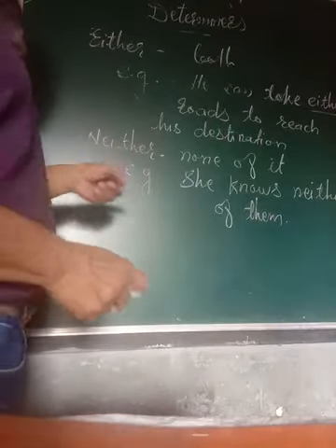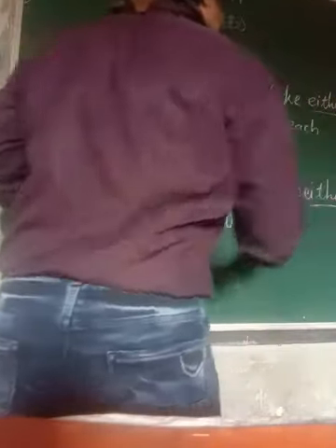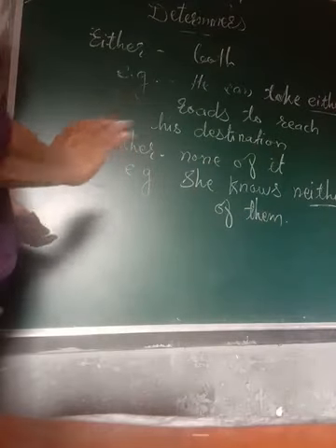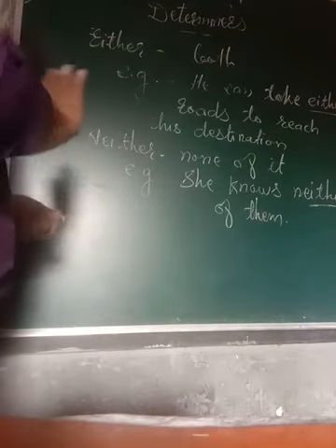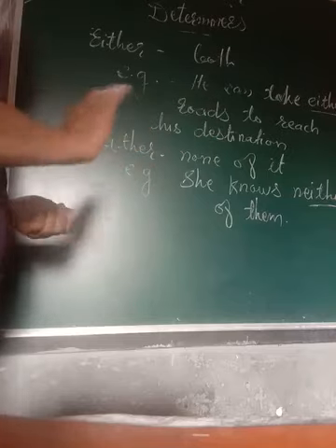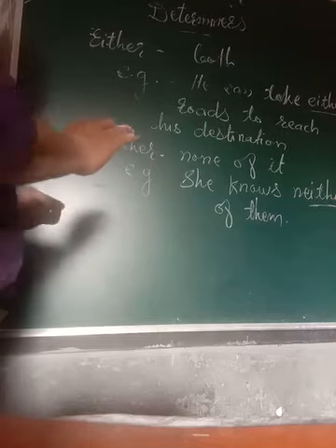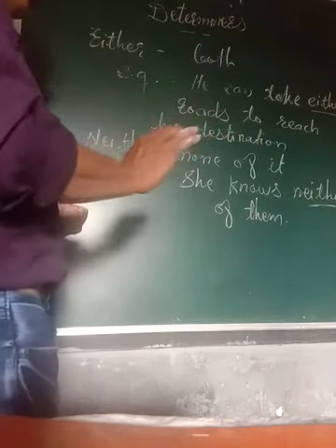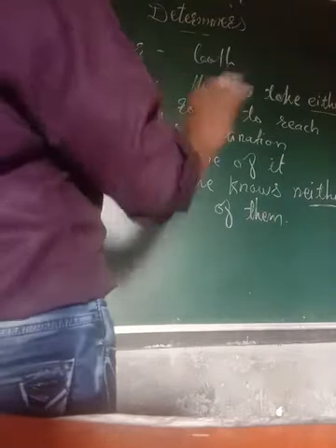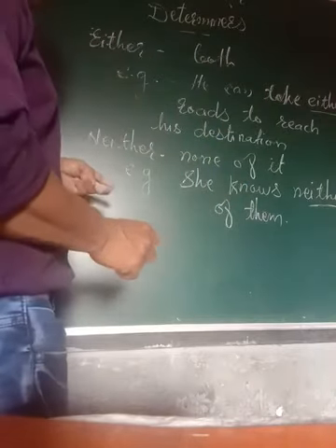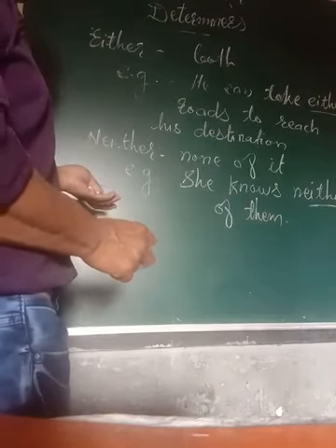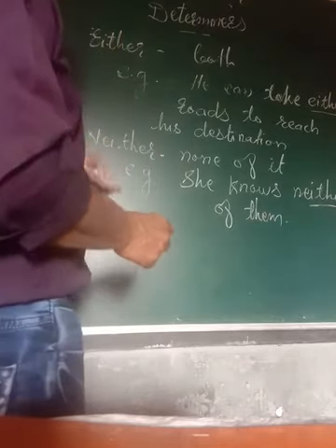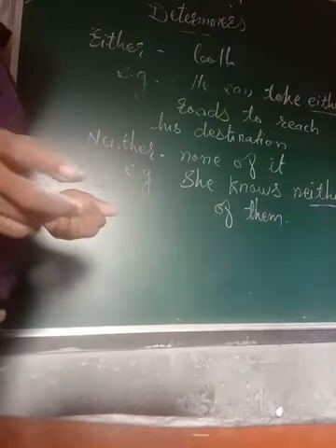She knows neither of them. So neither is used in this sentence telling that nothing, none of it. She knows neither of them means she knows nobody. Both of them, or whatever the people are mentioned here, she knows nobody here. Okay, neither means nobody or none of it. So you got a clear idea.